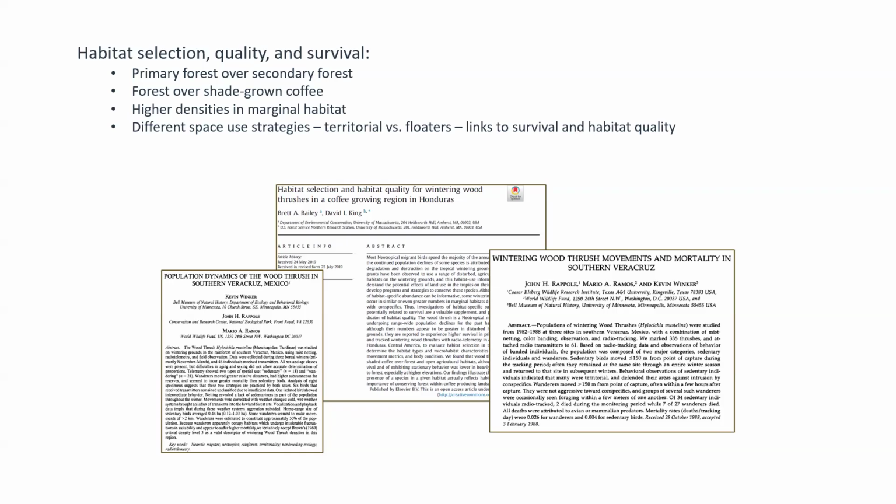For example, in Honduras, Brett Bailey and Dave King found the more time wood thrush spend in heavily shaded coffee, the less likely they are to survive. They get eaten by predators. So it's important to consider metrics besides abundance. And then wood thrush can exhibit different space use strategies, with some being territorial and others non-territorial, often termed floaters, with links to survival and habitat quality as well.